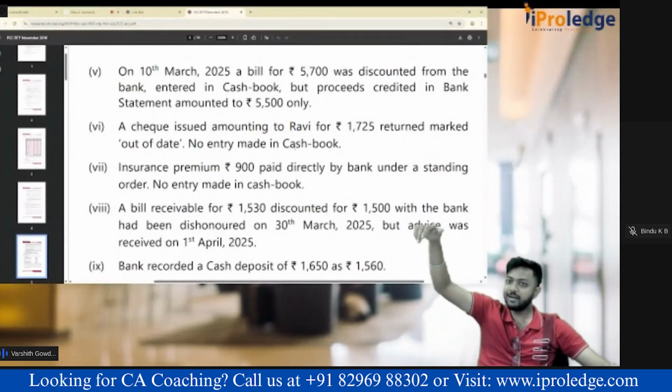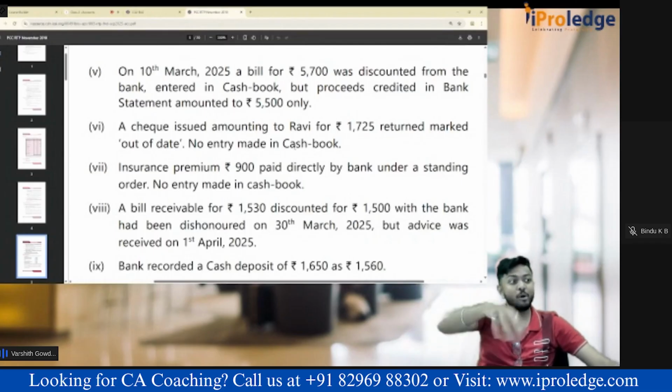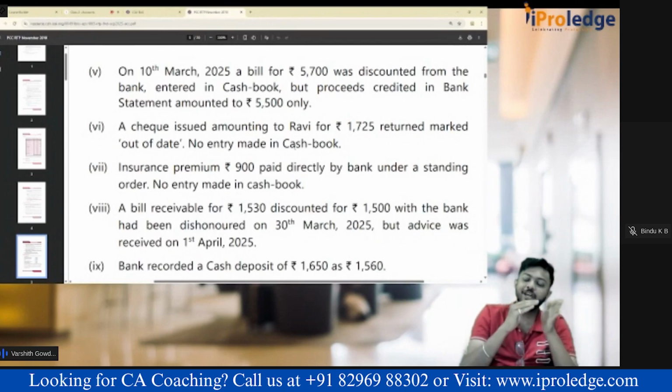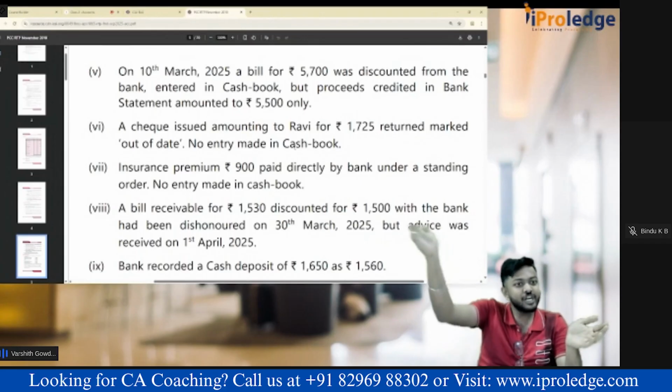But bank has rejected the check because the check became out of date. Check becoming out of date means a check has 90 days. If you are presenting it after 90 days, then it is a stale check. They'll not accept it. You can note it down: out of date means the check became stale. So they gave back the check to Ravi.